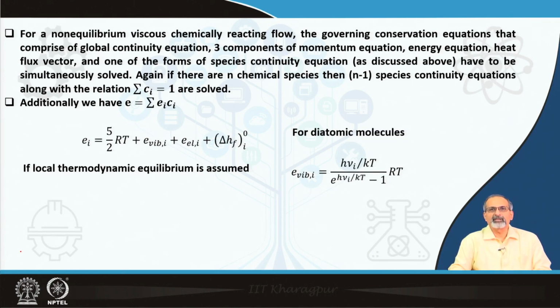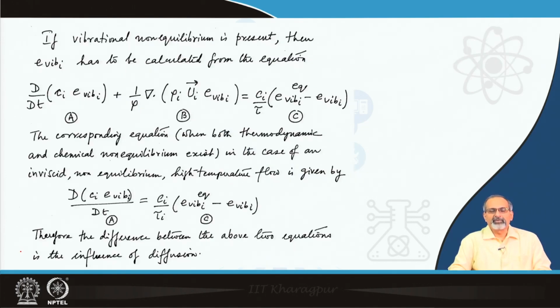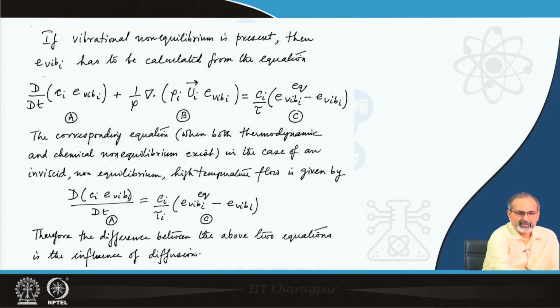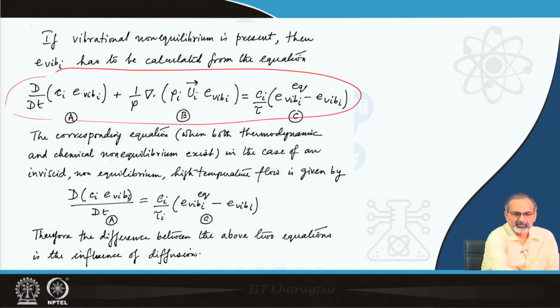This is where we stopped, and from there we pick up and continue the discussion here, saying that if vibrational non-equilibrium is present in the gas mixture, then there is a procedure by which we have to calculate the energy related to vibration using this equation, where as you can understand there is an additional term.